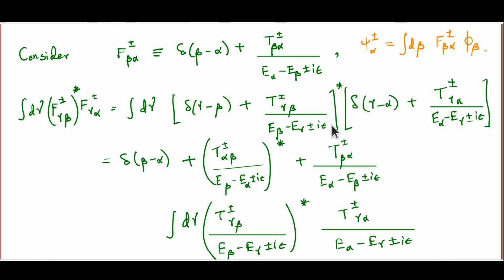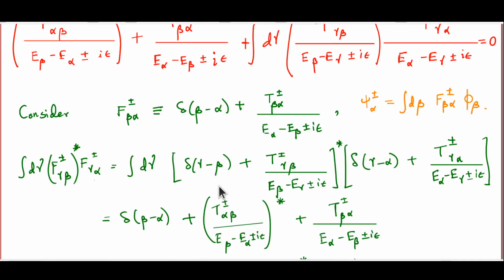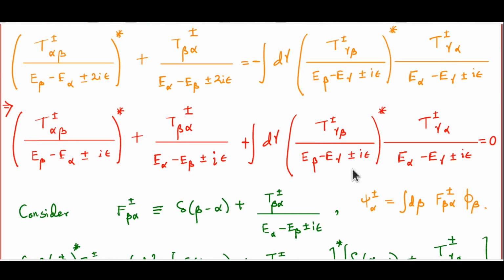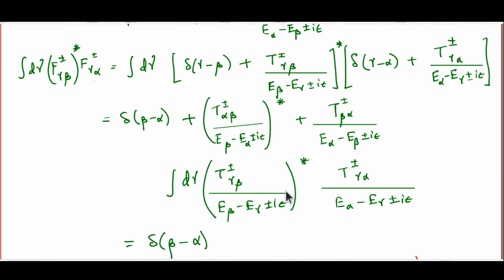On the other hand, the conjugation of this times delta gamma minus alpha gives you this term. And the final term, of course, is the product of these two things multiplied. But if you now go back to the identity that we had just derived, namely this one, you can see that these three terms added together is exactly 0, which means that this is delta beta minus alpha.